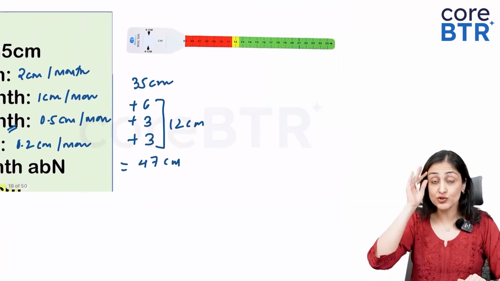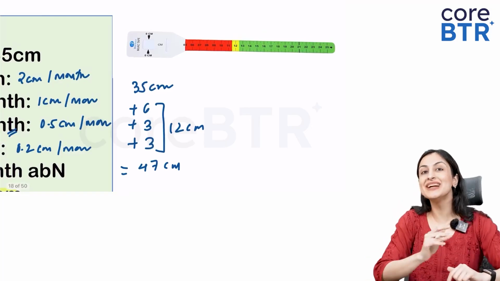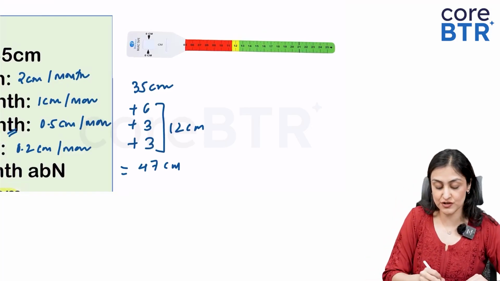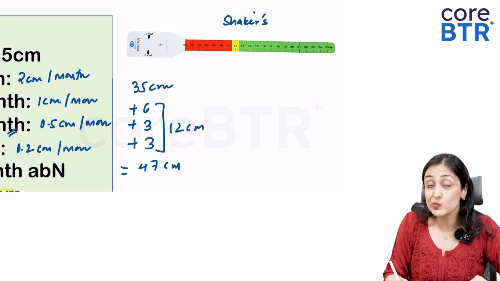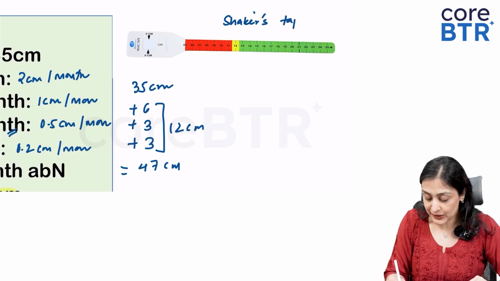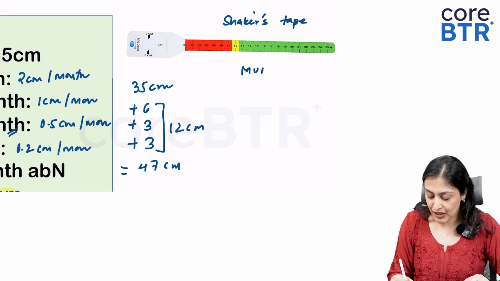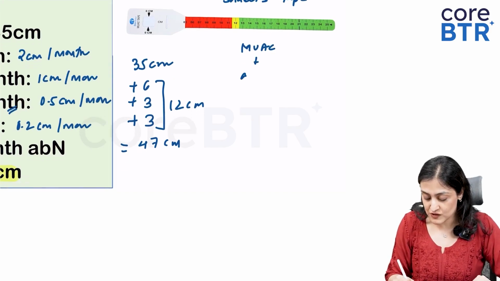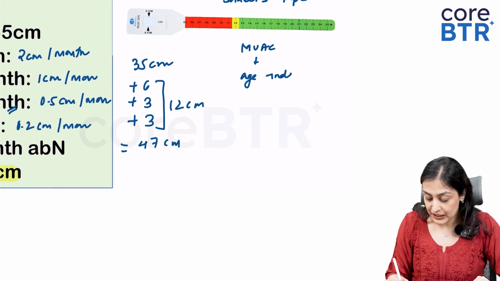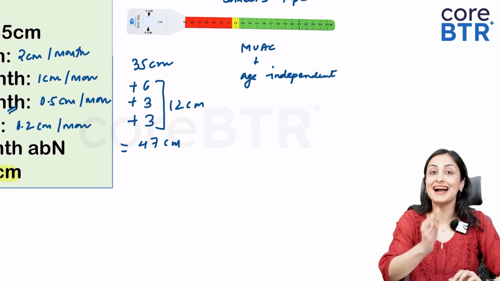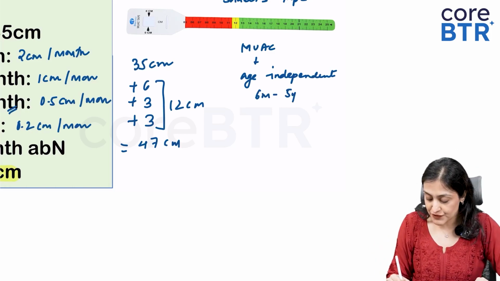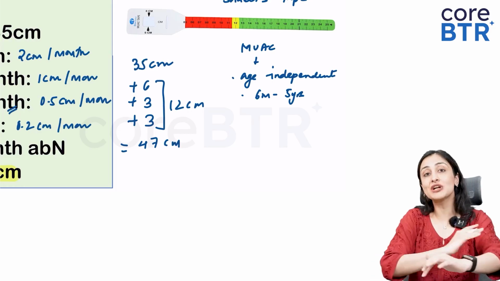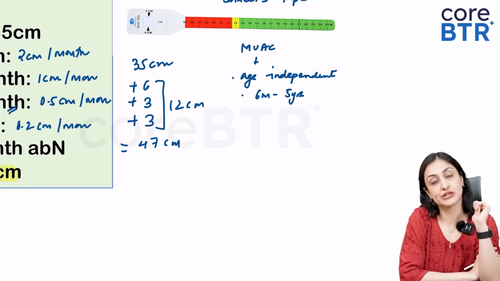Then what do we measure through this instrument? This is your mid upper arm circumference. This is a Shakir's tape. This is something that the grassroots workers can use. And what is the advantage of mid upper arm circumference? The advantage is that it is age independent. For weight and height, I'll need a chart for what is normal at that age. But for 6 months to 5 years, everybody would have the same mid upper arm circumference, right?